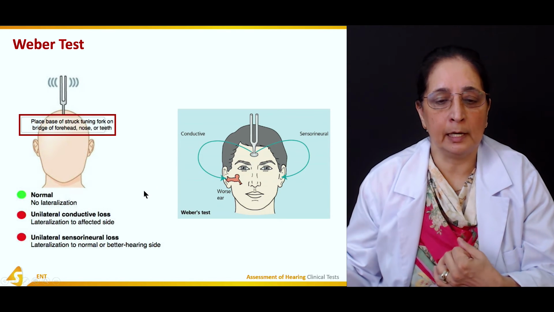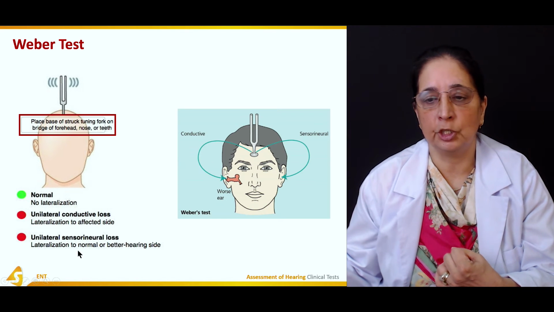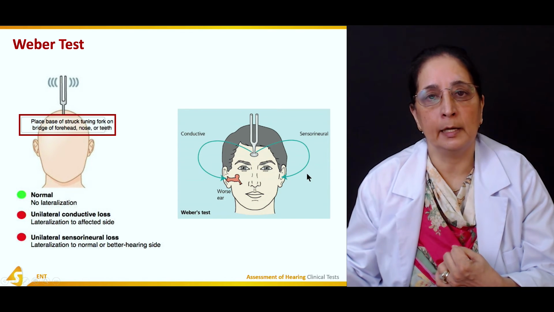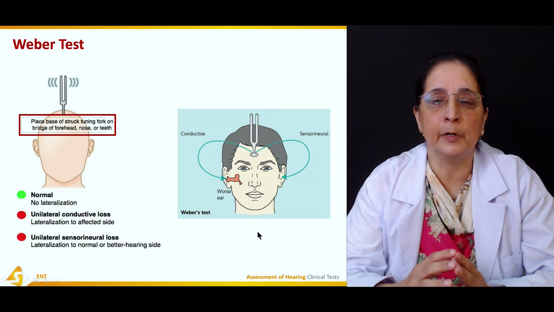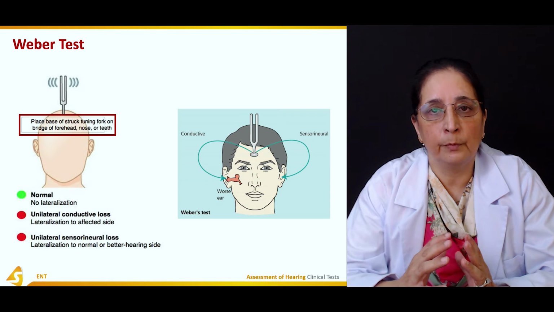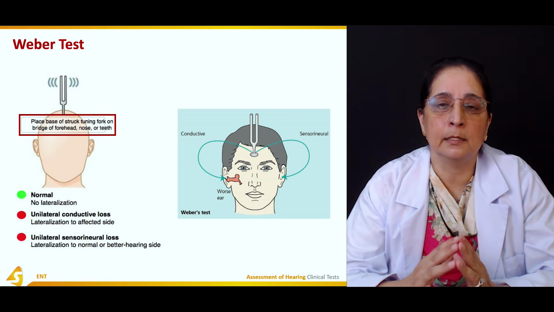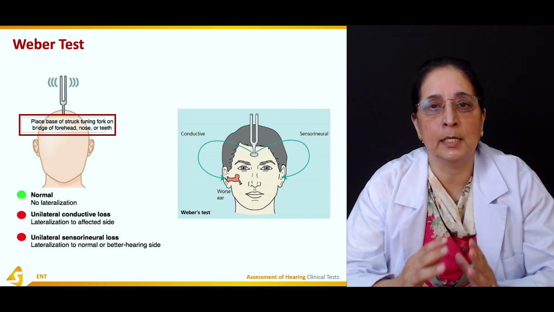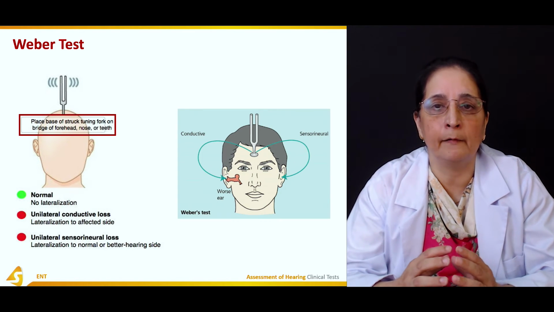And in unilateral sensorineural loss, there is lateralization to the normal ear. So that's the function of the Weber test. It is used to find out whether the ear which has the hearing loss has conductive or sensorineural hearing loss.